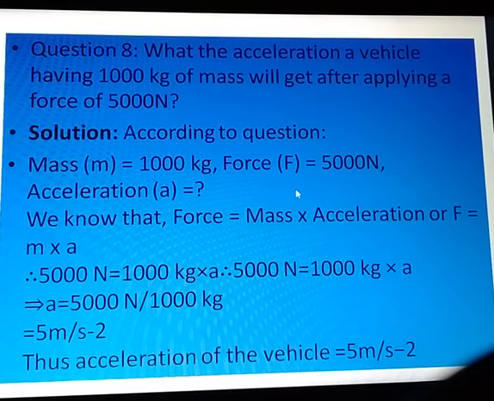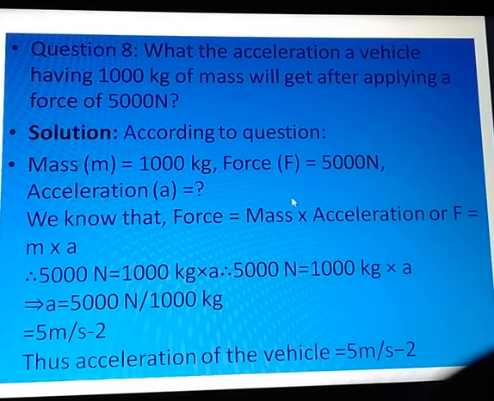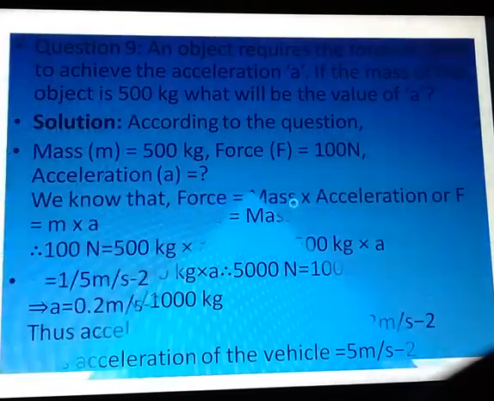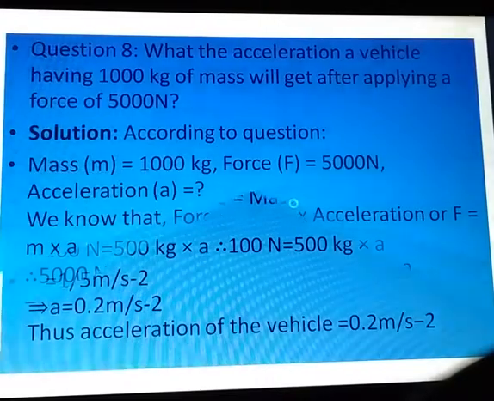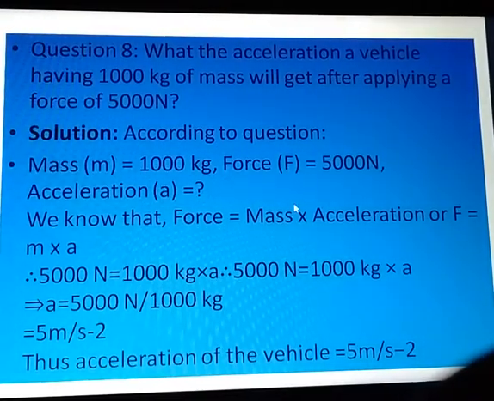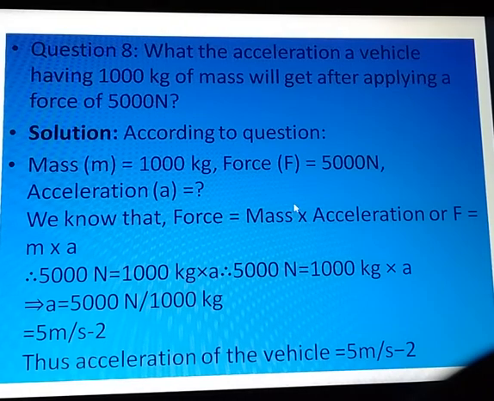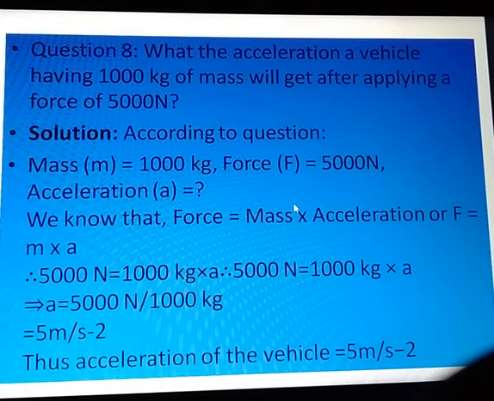With the help of the formula of force, force is equal to mass into acceleration, and in this question we have to calculate the value of acceleration. So acceleration is equal to force upon mass. Value of force is given, 5000 upon 1000, that is equal to 5 meter per second square.